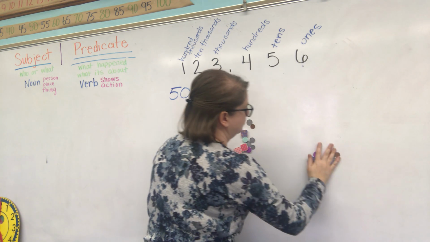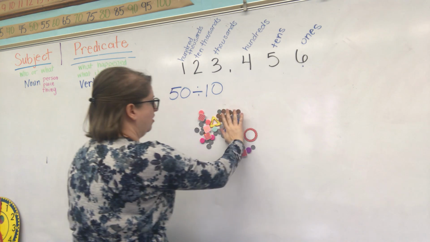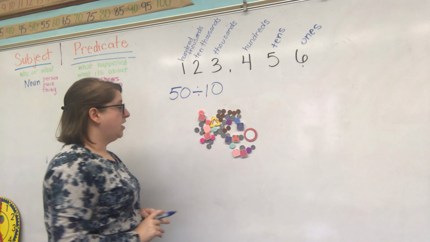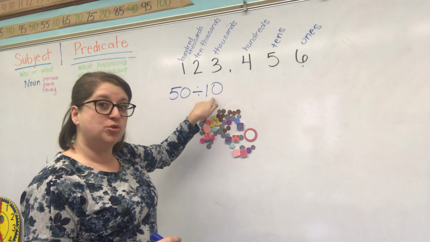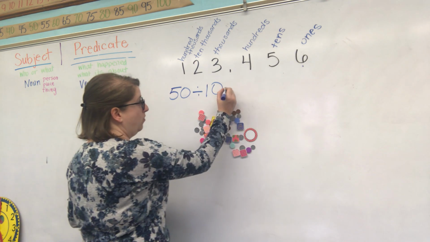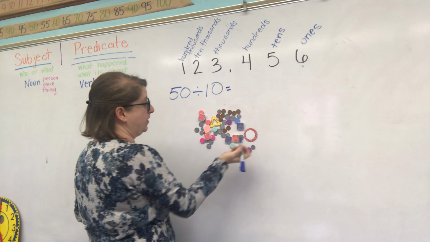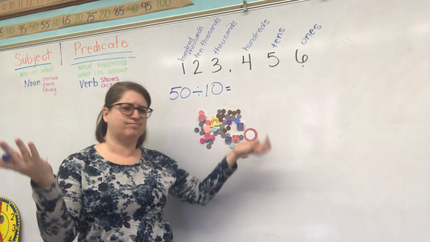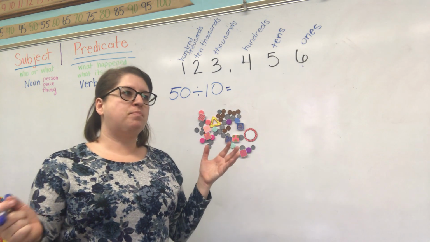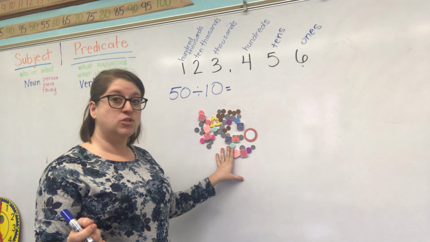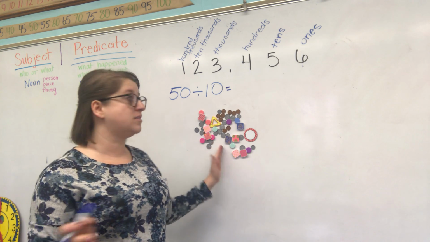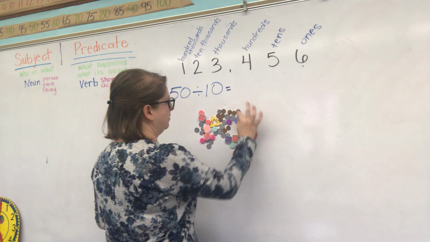It's all of them. Okay, so here are 50 magnets. They're all in a big bunch. And I'm going to make them into groups of 10. You might already know or think you already know what it's going to be. So if you're at home right now, take 50 objects and put them into groups of 10 and see if you're right about how many groups of 10 it's going to be. So let's see, I'm going to make my groups of 10.